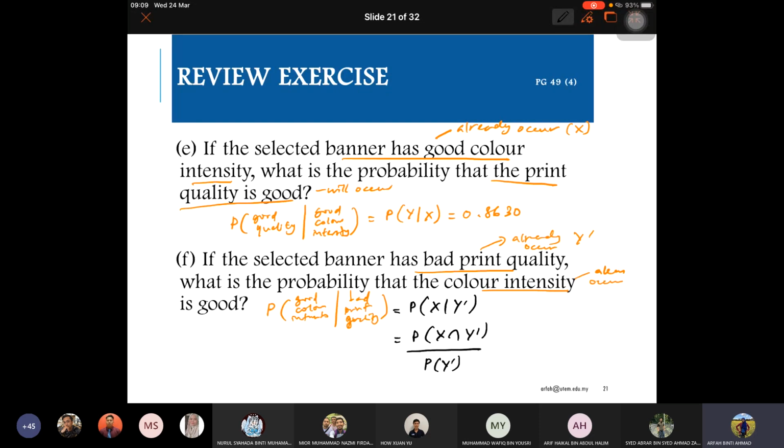So if you do the calculation, you akan dapat dia sama dengan 0.8906. Okay. So boleh nampak dia punya nilai kebarangkalian tu is just between 0 and 1. You will never get a value greater than 1 or negative value or less than 0.